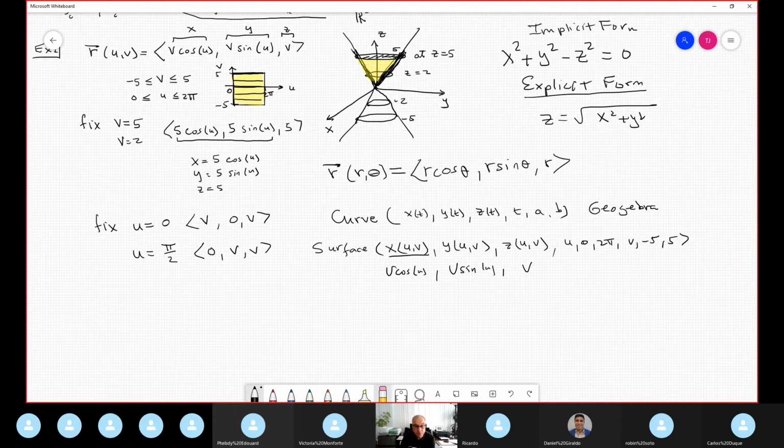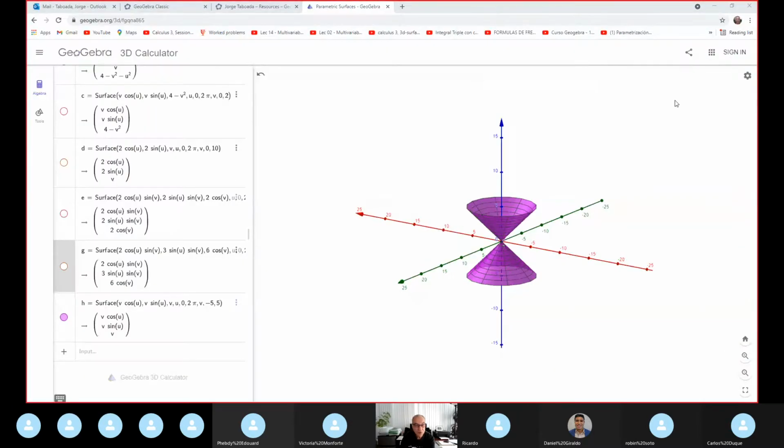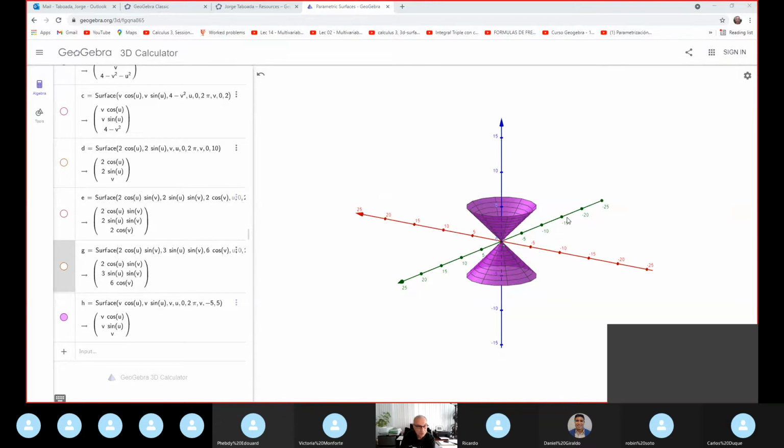Okay, now share screen. Switching screen. Okay. Do you see GeoGebra? Good.